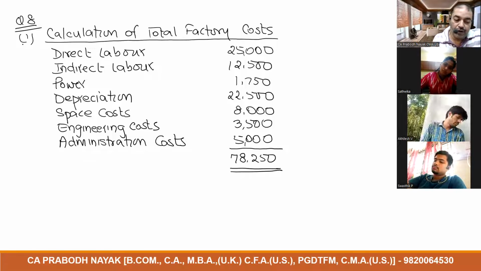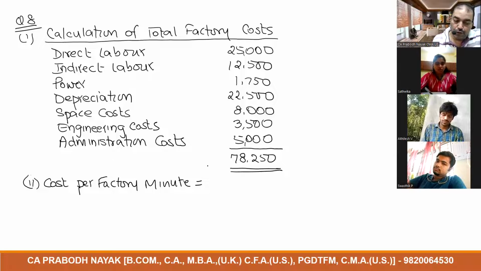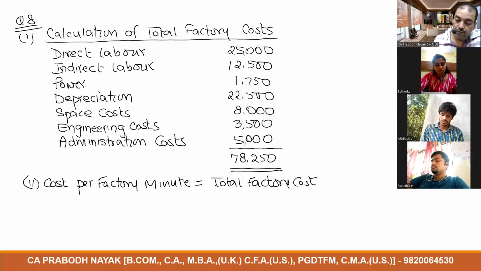Second, they have asked you to calculate cost per factory minute. So total factory cost divided by total minutes available.